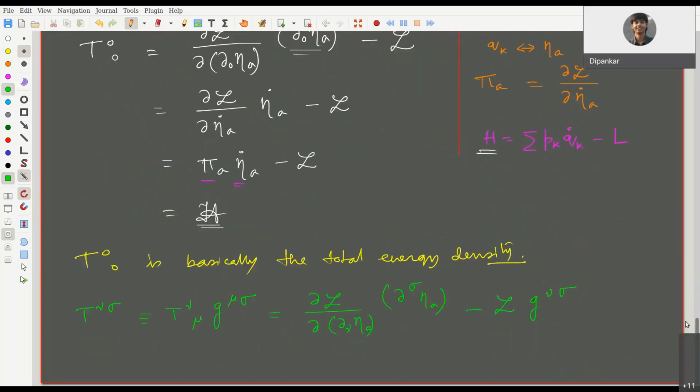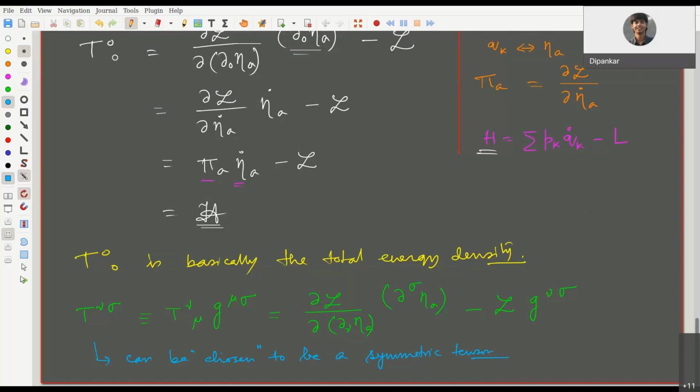I will not go into the detail of this, but just keep in mind that this rank 2 tensor can always be symmetrized, so it can always be chosen to be a symmetric tensor. And we usually choose this T mu nu to be a symmetric tensor.